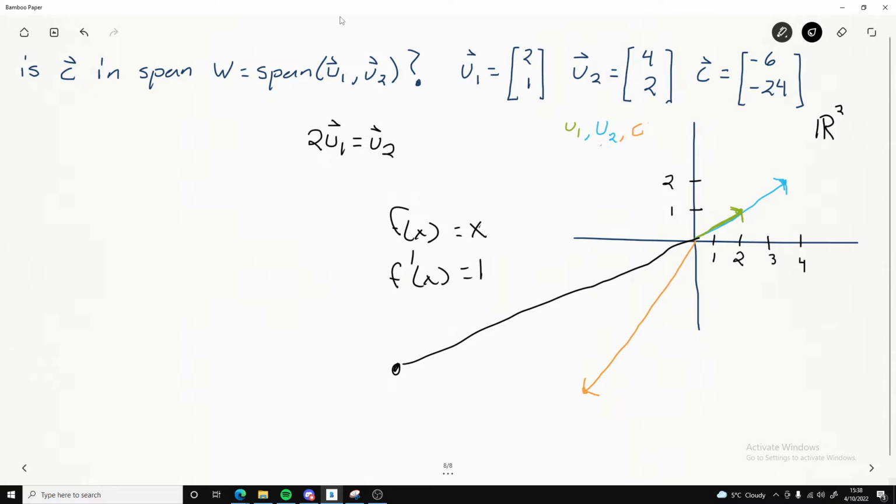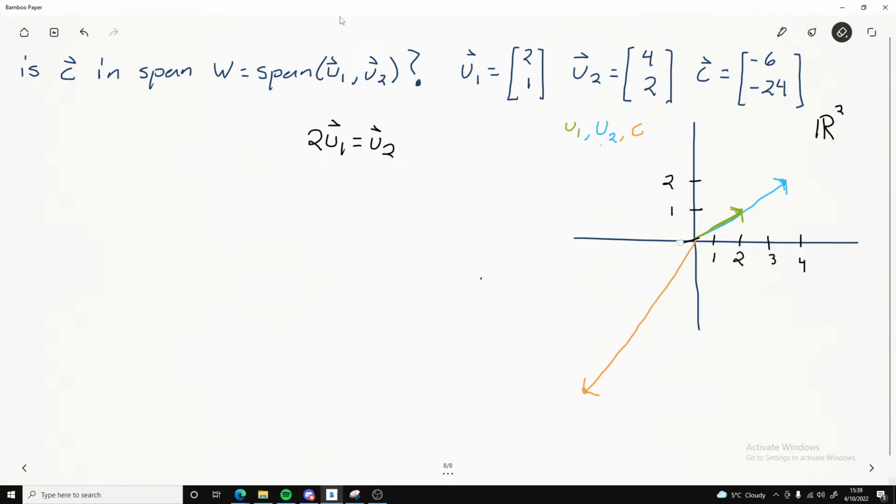And so it has a constant slope. And so we can never actually achieve c. Just by this geometric description of the question, we know that we can't achieve c because the line will only go this way. We can never go down to c because the slope is consistent.